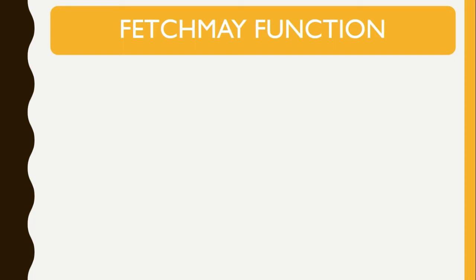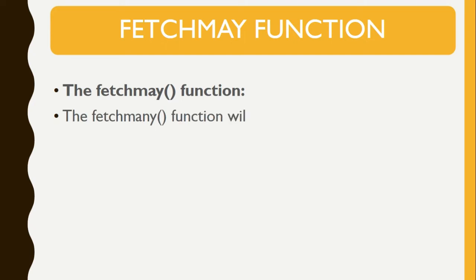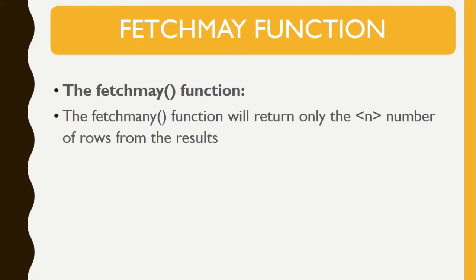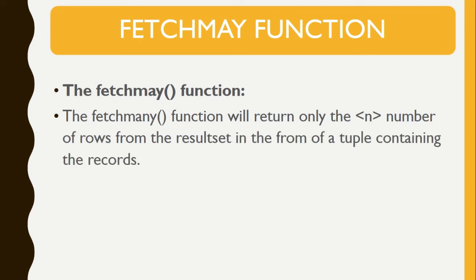Now fetchmany. The fetchmany function will return only n number of rows from the result set in the form of a tuple containing the records.